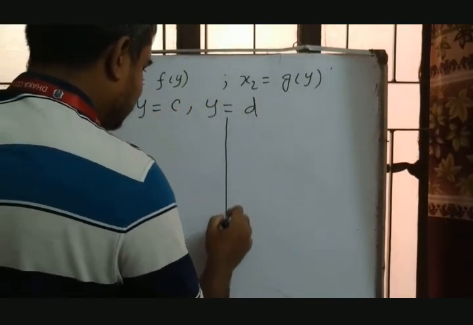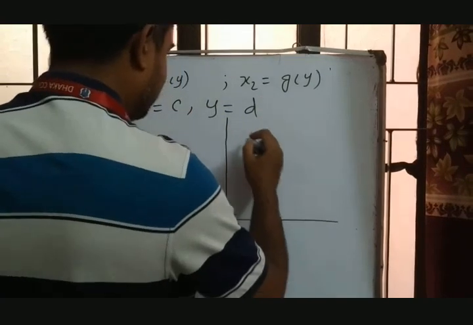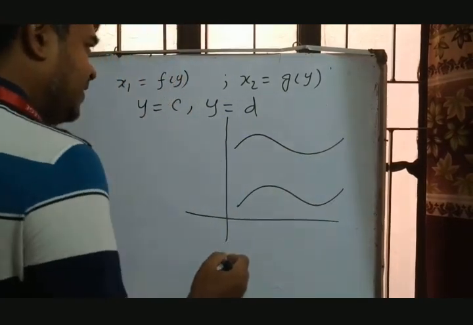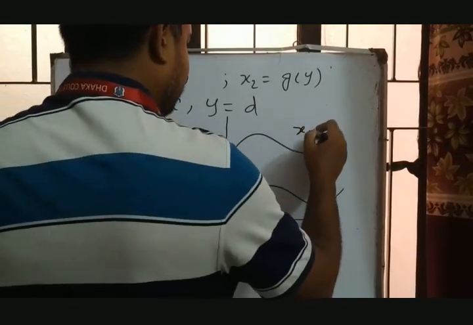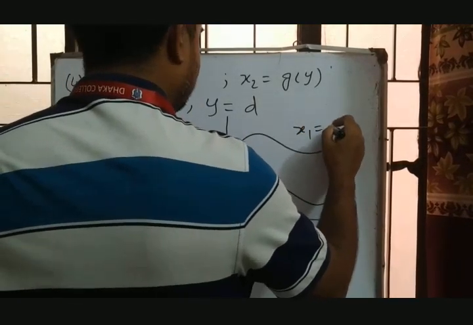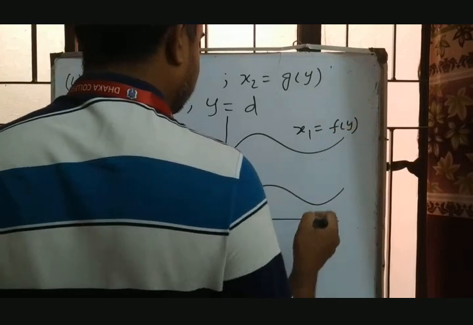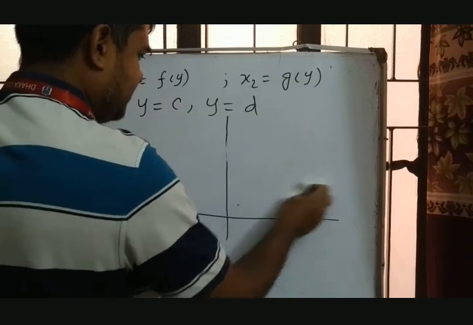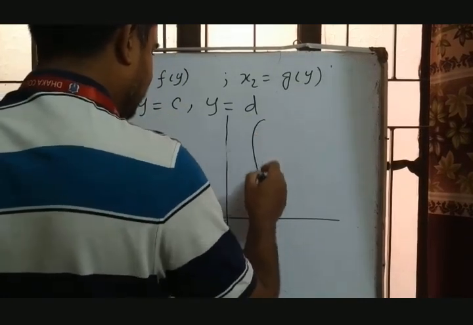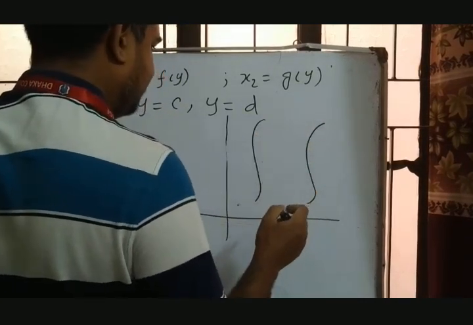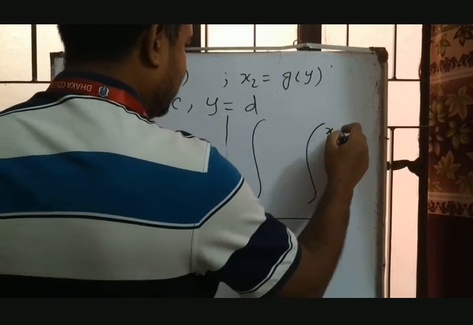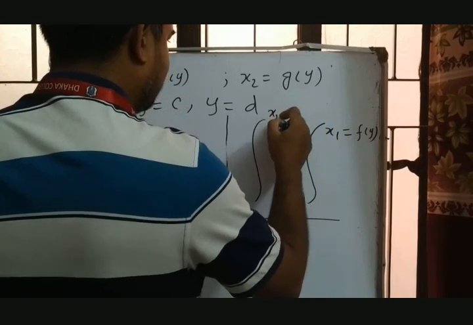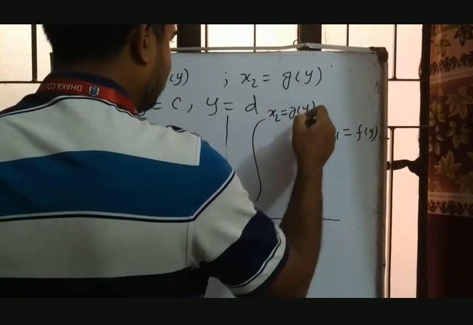In this case, the graph is, this is x1 is equal to function of y, sorry, the graph is this is x1 is equal to function of y, and this is x2 is equal to another function g of y.